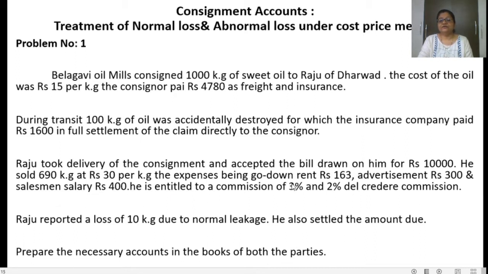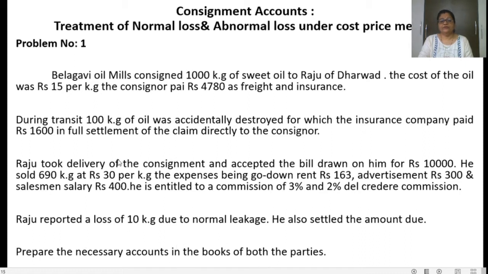He is entitled to a commission of 3% and 2% del credere commission, meaning in total you are paying him 5% commission on the sales. Raju reported a loss of 10 kg due to normal leakage. Now you can see there are two types of loss. Abnormal loss 100 kg, normal loss 10 kg. He also settled the amount due. Prepare the necessary accounts in the books of both the parties.